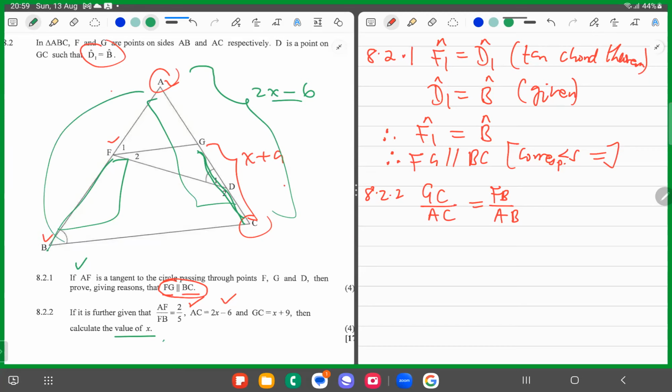Why is this true? It is true because of the line parallel to one side of the triangle.